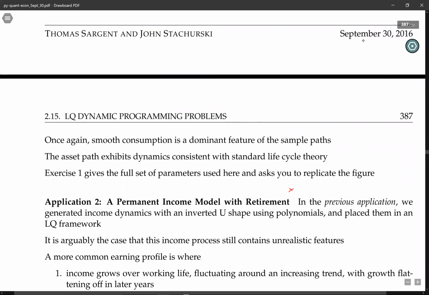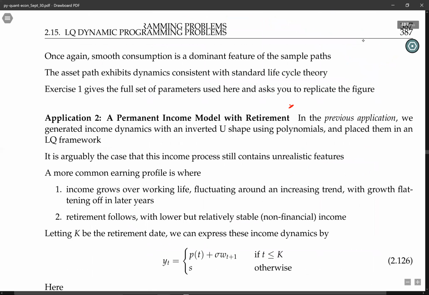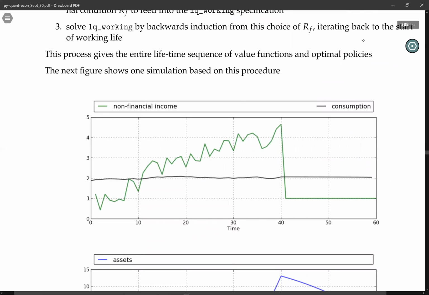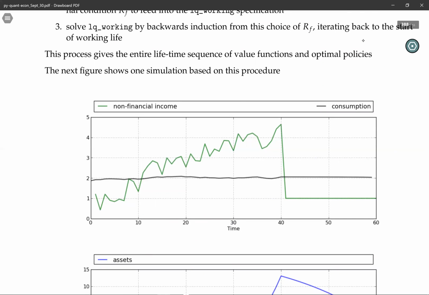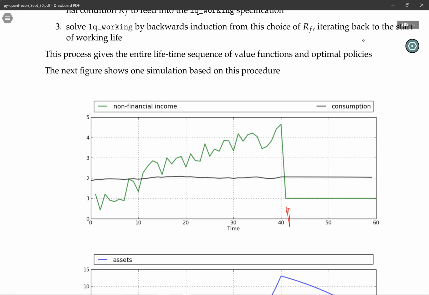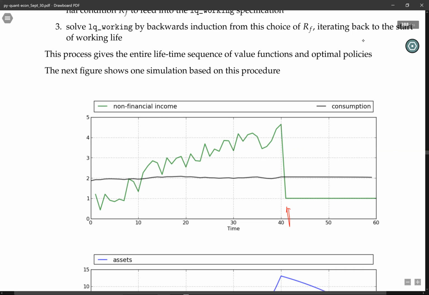So then this can easily be souped up to have a model of retirement. So we change the person's income to look like this. Oh man, this scares me even more, given where I am. We changed it so that after 41 years in the labor force, the guy is forced to retire and gets zero non-financial income. So his income process now looks like this. And you could see it's very easy to make up an A and a B. We put time steps matrices on these to model this.